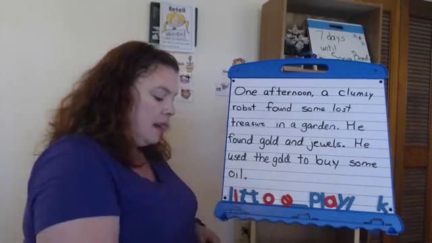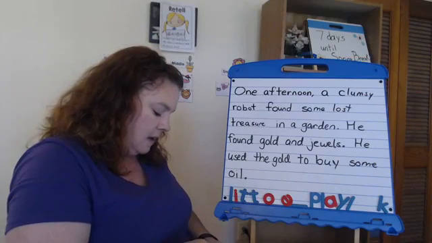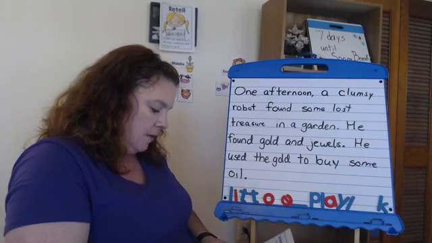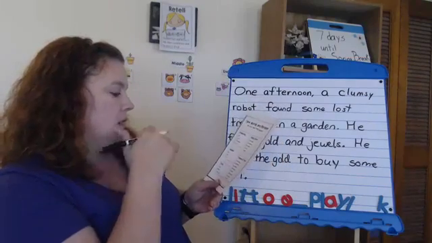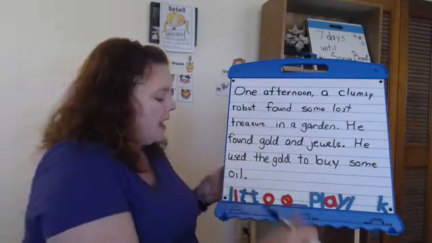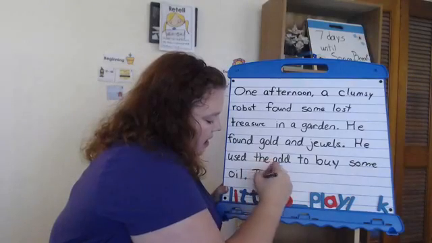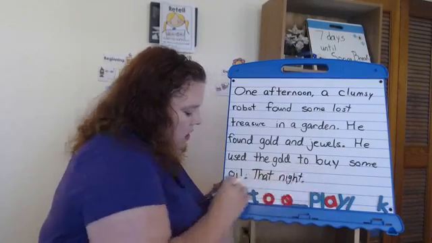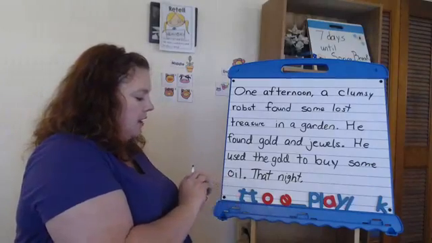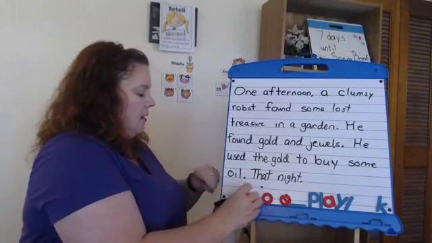And then I'm going to pick another time word that I could use to create that story. So I said he used the gold to buy some oil. That night, I could say that night, I'm going to move my letters. I don't have space to write.